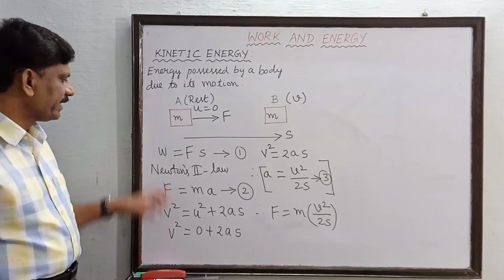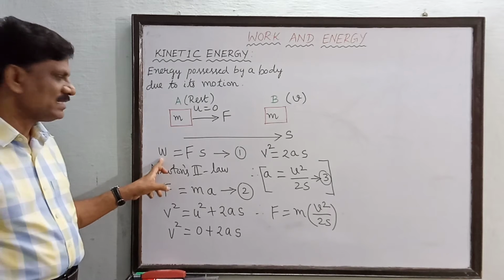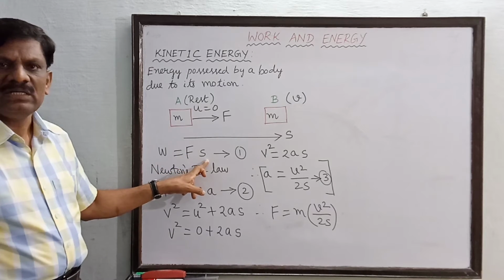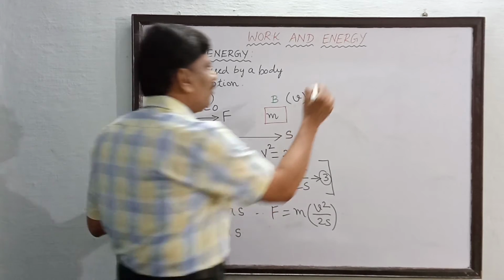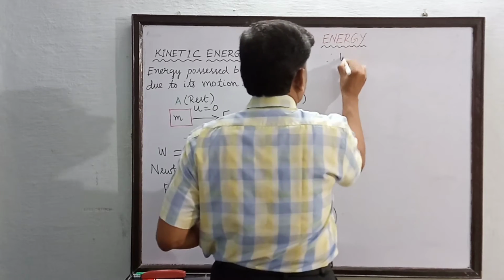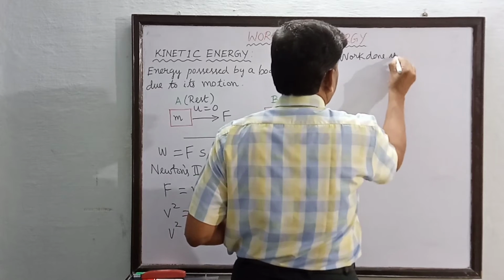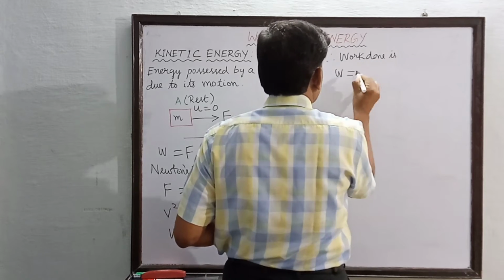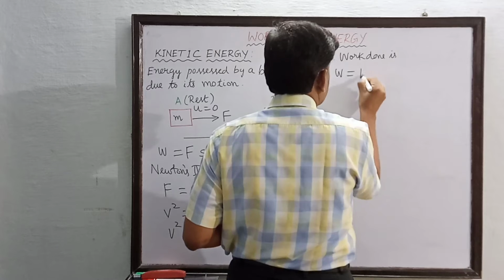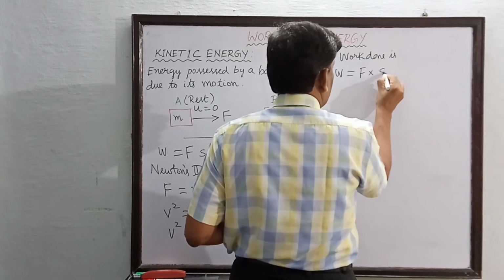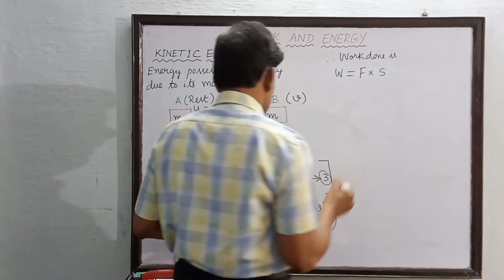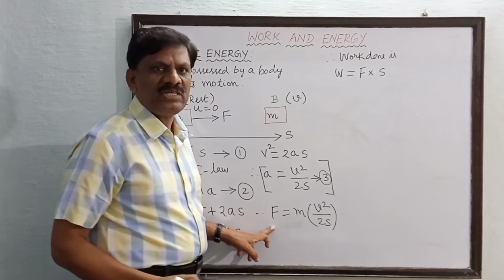And now look once again at equation 1. W is equal to F into S. Therefore, the work done by the force is given by W is equal to F into S. Instead of F, what can I substitute now?